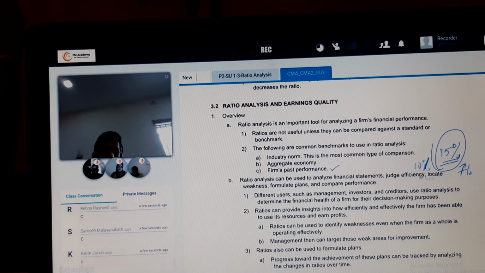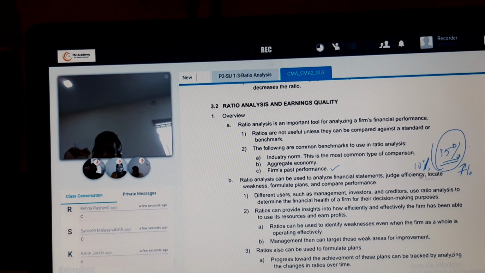Somehow you have to have some benchmark, otherwise the ratio analysis may not give you good insights. That ideally should come from the industry average, right? But you may not have information regarding the industry average, but you should look for that.